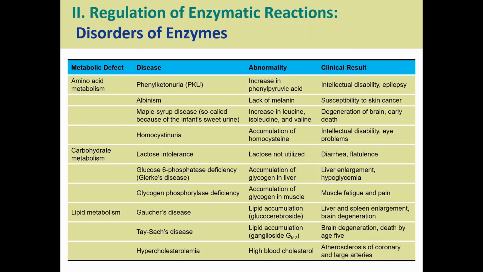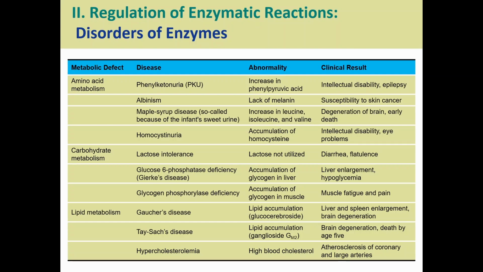Albinism, this is where we do not produce melanin, and so the person with albinism would have no melanin whatsoever, so they would be extremely pale, right? Their eyes would not have color to them either. In general, not having melanin wouldn't be a problem, except for the fact that melanin is protective against UV light.